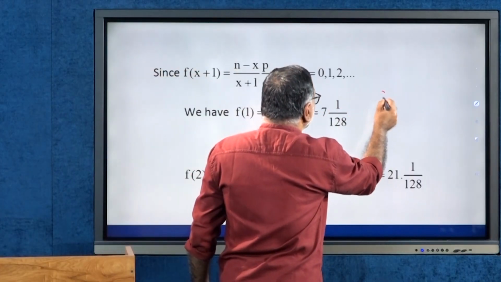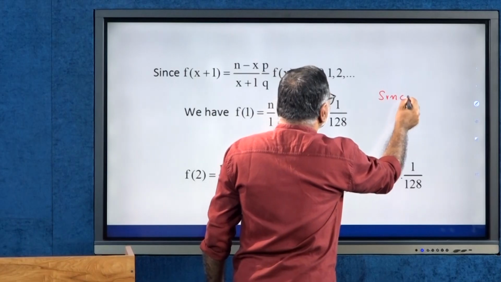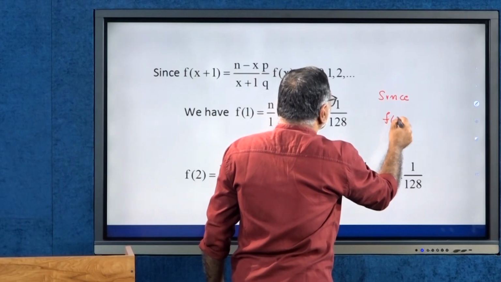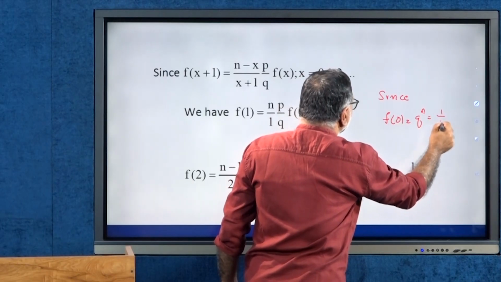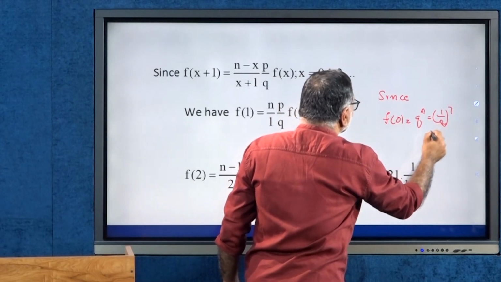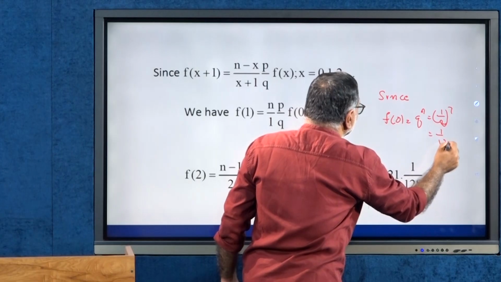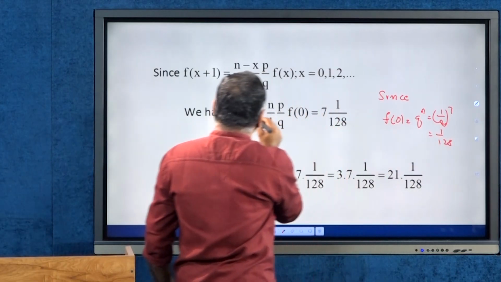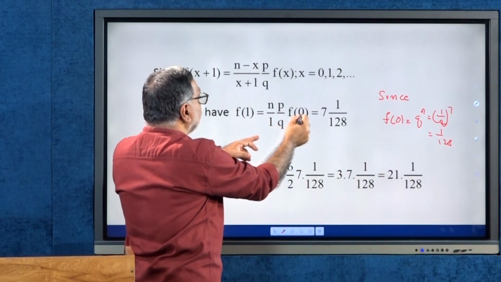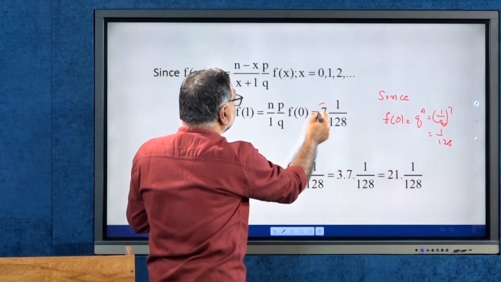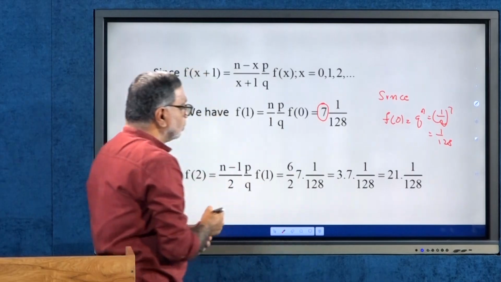Since we have already established that f of 0 is q power n, that is, 1 by 2 power 7, that is 1 divided by 128, f of 1 is n p divided by 1 into q f of 0, that is, 7 into 1 by 128.